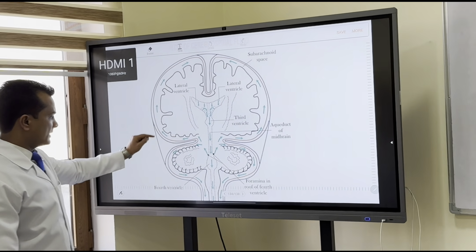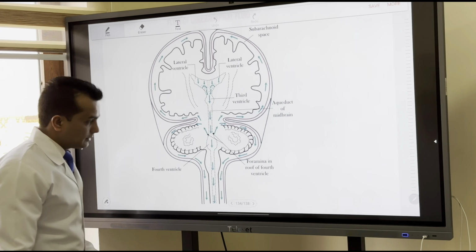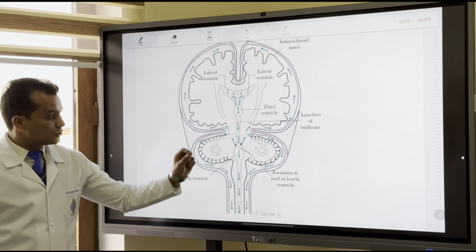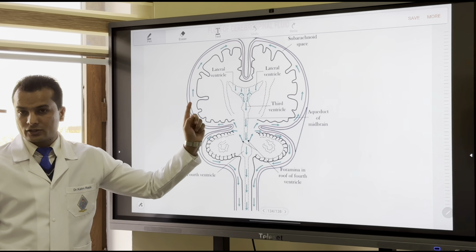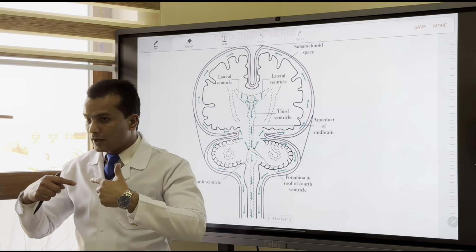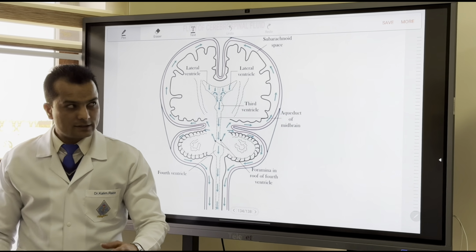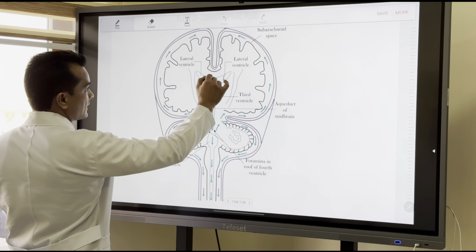Look, this is the coronal section. In the first part of this ventricular system lecture, I explained and drew this structure, how CSF is flowing and what the coronal view will be. The view we discussed was sagittal. Here you can see the lateral ventricles.